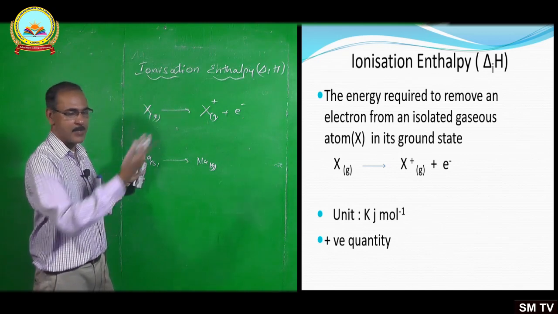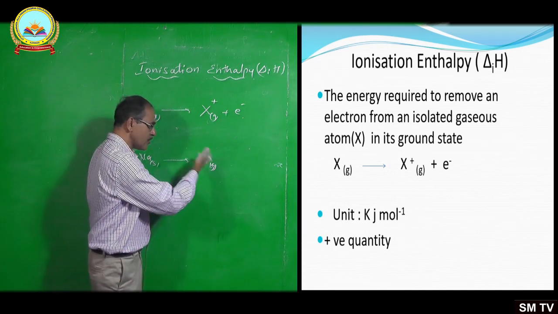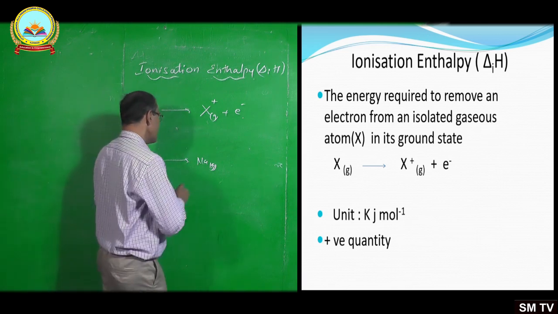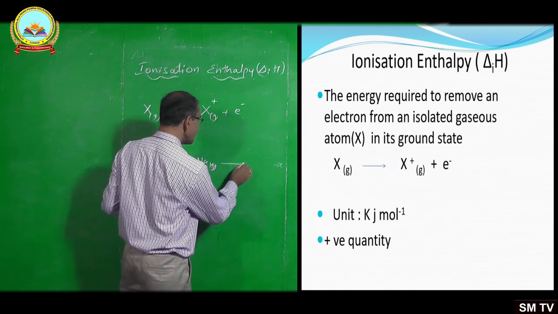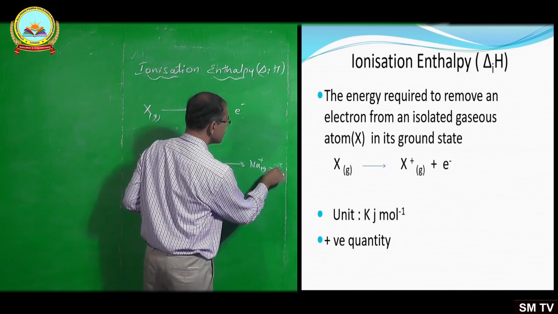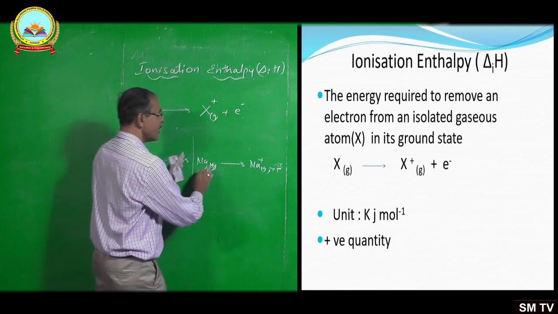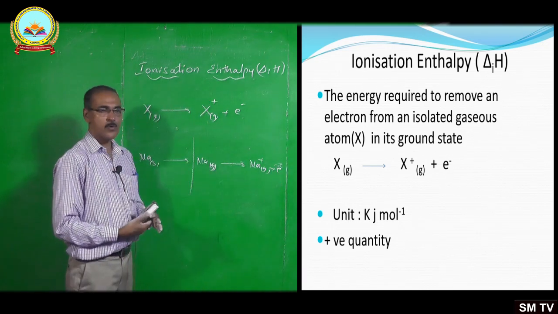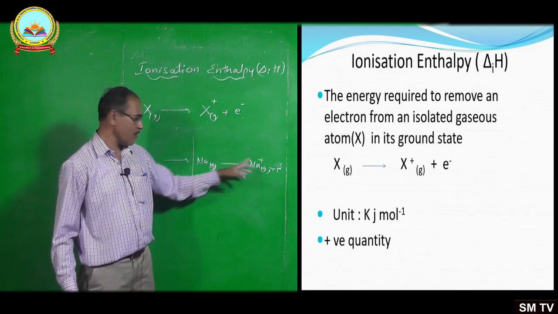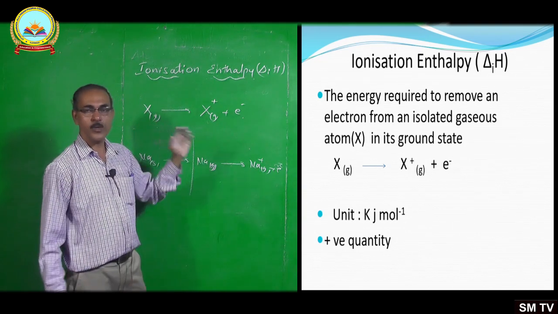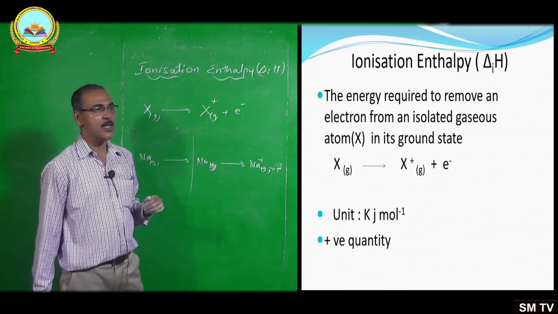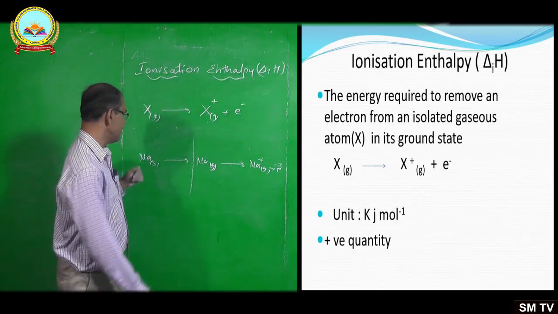You have to sublime that. A solid substance has to be converted to a gaseous substance. Now, Na gaseous. After that, you get Na plus gaseous plus electron. The energy required to remove an electron from this gaseous sodium atom is called ionization enthalpy.